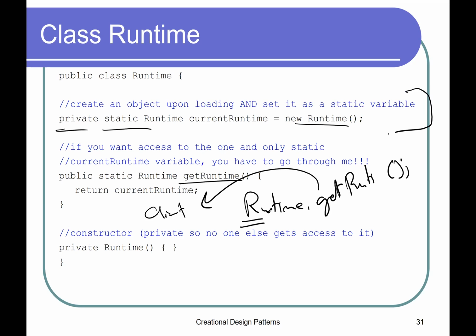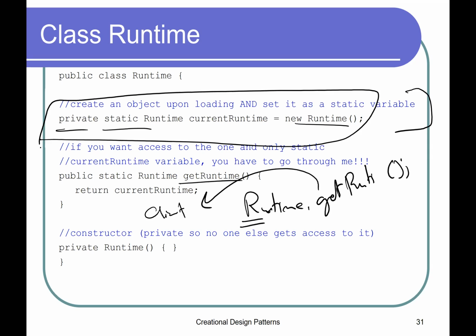So this is going to be executed one time and one time only at the start of the software, which then produces the object runtime, which is given to the class Runtime. And any client who wants that object runtime, which we know nobody else can produce objects of that type, has to go through the class Runtime for it.